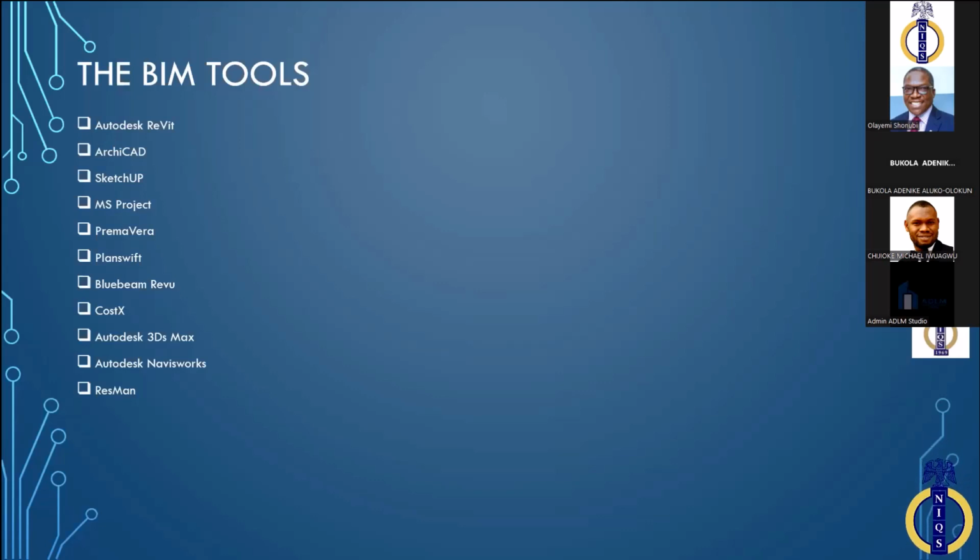That is the architectural design, your 4D design, that is from either MS Projects or Primavera. Then your 5D information, that's your cost information. You now bring all of this into a single platform, and that is Navisworks, where collaboration is at its peak.